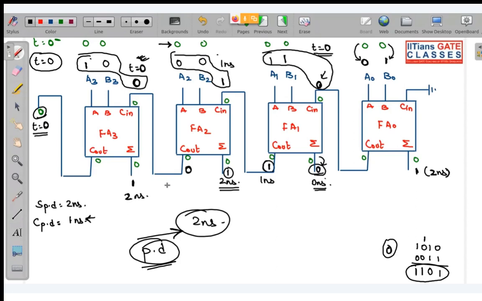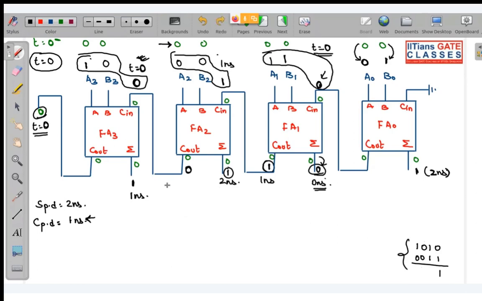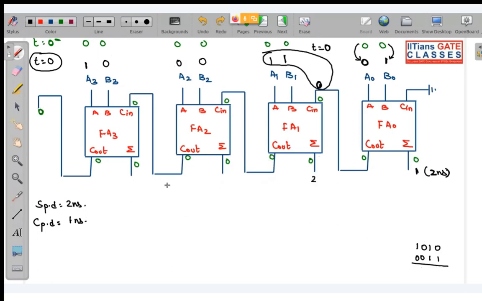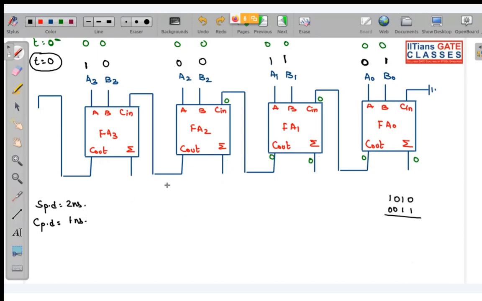Okay. So look, I am starting it from the beginning. So assume that my sum propagation delay is 2 nanosecond, carry propagation delay is 1 nanosecond, and I have this input.